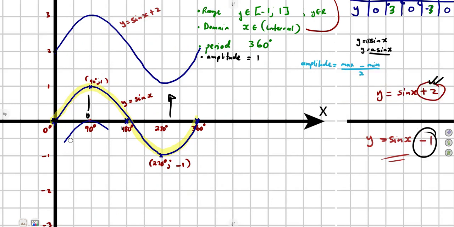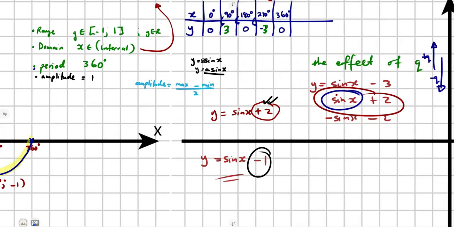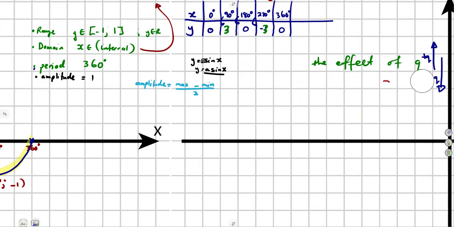I want us to go back to the same graph and use it to answer any other effect that we can have. All right. So that was it for the graph of sine of x being transformed vertically up or vertically down, the effect of Q. We can have such. The horizontal shift is on its own, which is the effect of P.